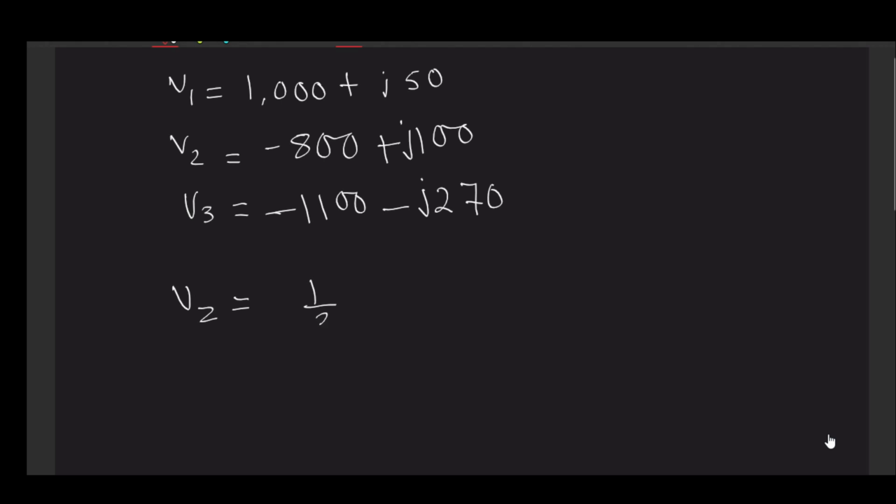Some people also use V0 as (V1 plus V2 plus V3)/3. So that will give you minus 300 minus j40.